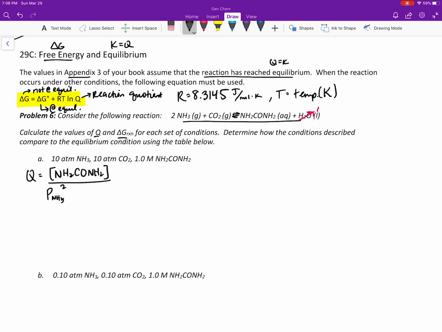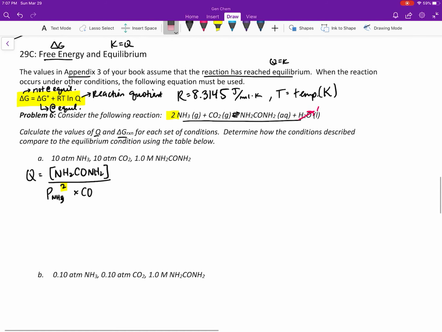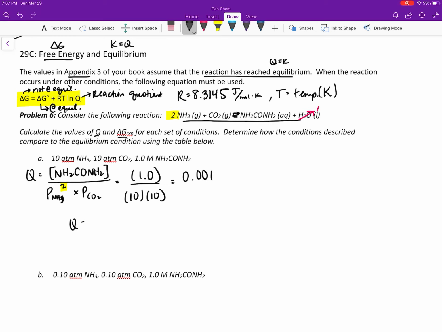I'm going to square the pressure of ammonia because of the 2, and multiply that by the pressure of CO2. Now I'm going to plug all of my values in, multiply the top and the bottom, and I see that Q is equal to 0.001.